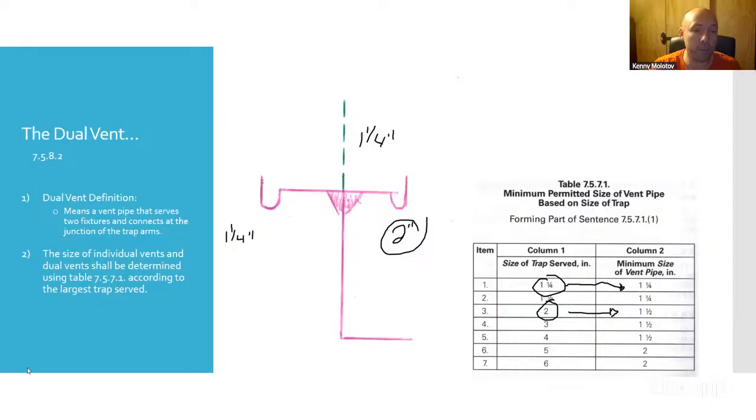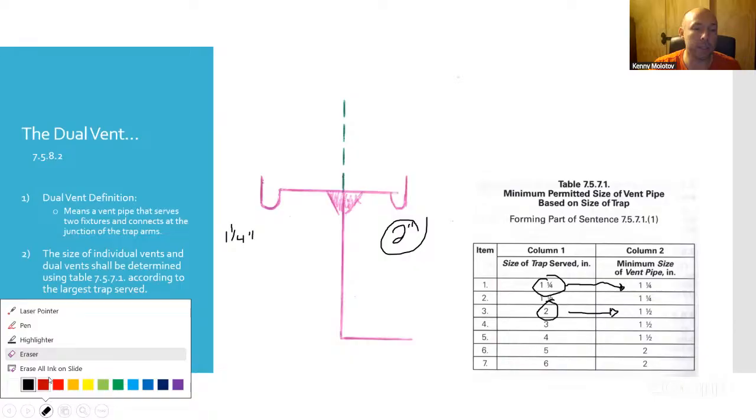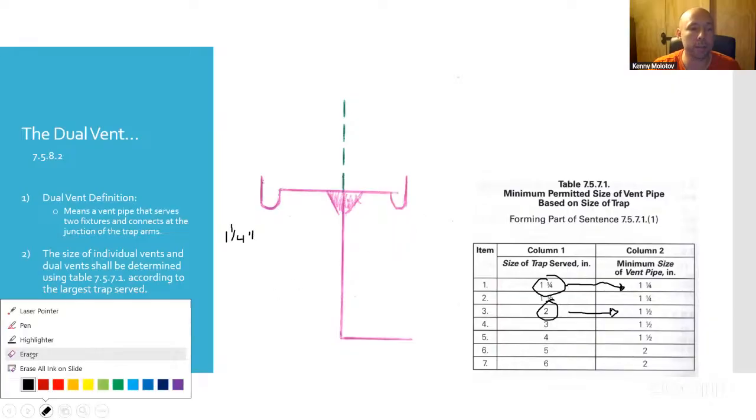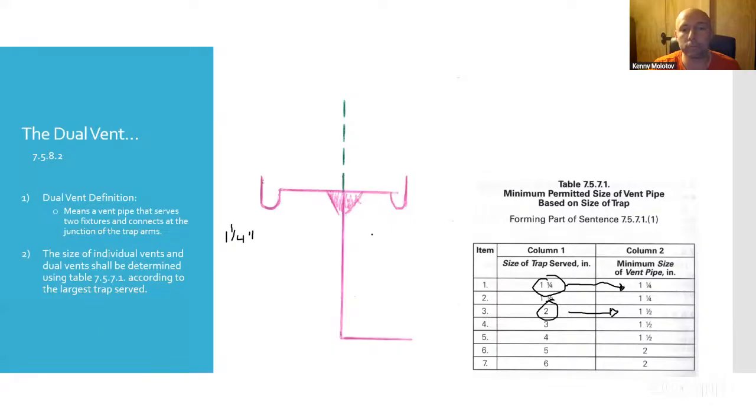So we have to make sure that we run at minimum the vent size that is required for the largest trap served. Okay? So we would run this at 1.5 inches. This is 2-inch, and this vent would be 1.5 inches.